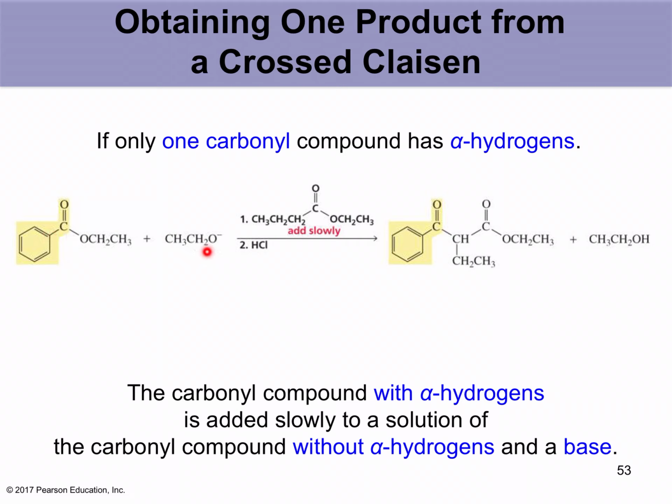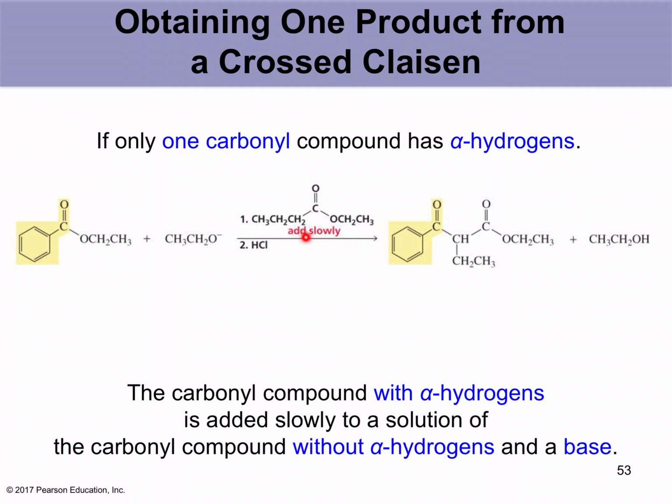Okay, so you're going to be reacting this with ethoxide. Remember, it has to be the same kind of nucleophile as the alkyl group, so it's ethoxide. So you're going to be adding this one slowly. So you keep the base or the nucleophile in your reaction mixture, and you add this one slowly.